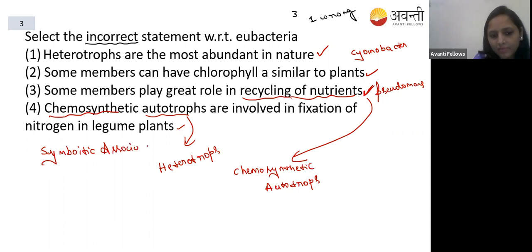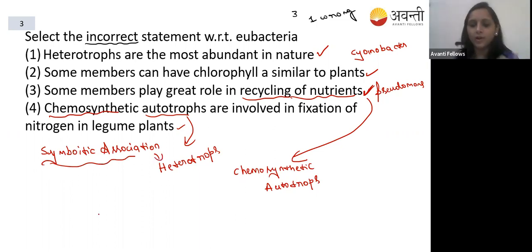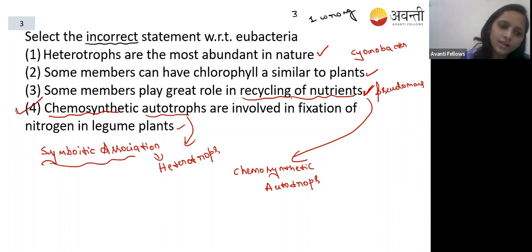That's why they are heterotrophs, not autotrophs. So that's the reason option 4 is wrong. They asked for the incorrect statement, so option 4 is the correct answer. Fine, let us eliminate the others. I think you understood this. Let us go to the next, fourth question.